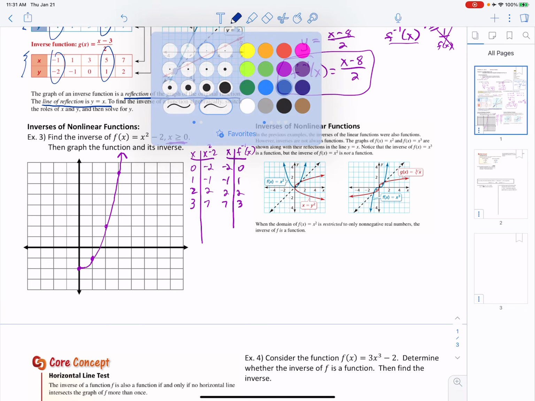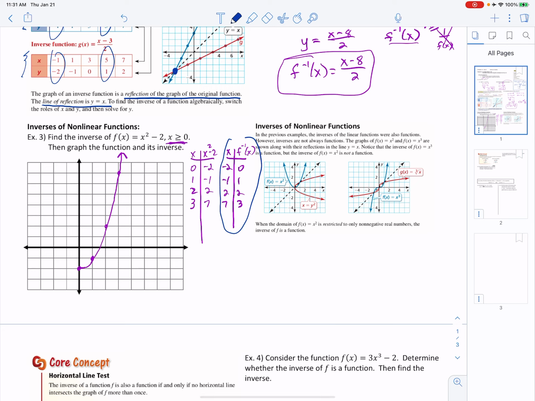Let's use a different color for those. Let's do that in blue. So if I go to the left 2, I'm at 0; negative 1, 1; 2, 2; and then 7, 3. So that graph is going like that, and that is the inverse.